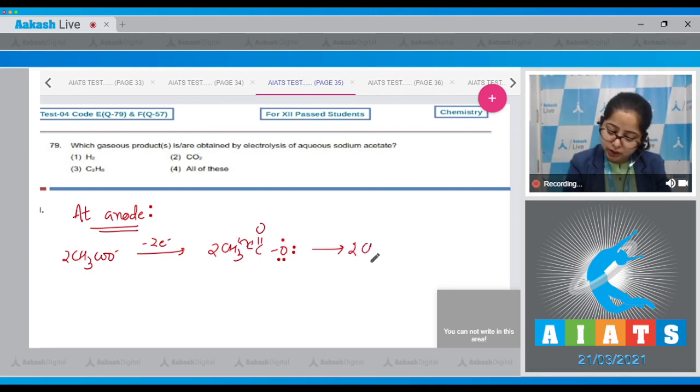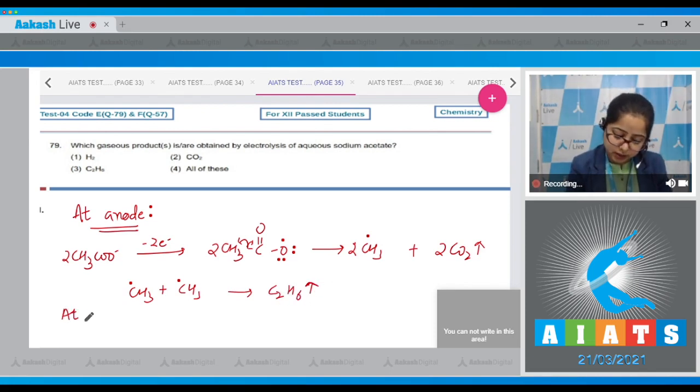We get 2 CH3 free radicals and 2 molecules of CO2, and these two free radicals combine with each other and ethane is formed. Again gaseous.